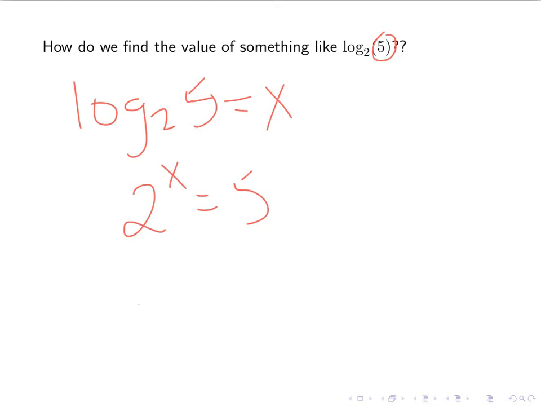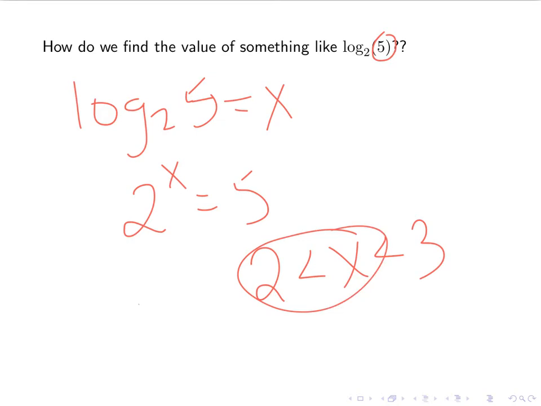I know that 2 squared is 4, and that 2 cubed is 8. So I know that x is somewhere between 2 and 3. And 5 is a lot closer to 4 than it was to 8. So it's going to be just a little bit bigger than 2. But that's as far as I can get without trying to do anything with my calculator. So I know it should be something a little bigger than 2. But how do I find it? Again, I need a calculator.